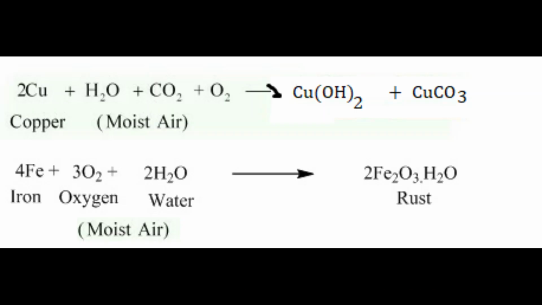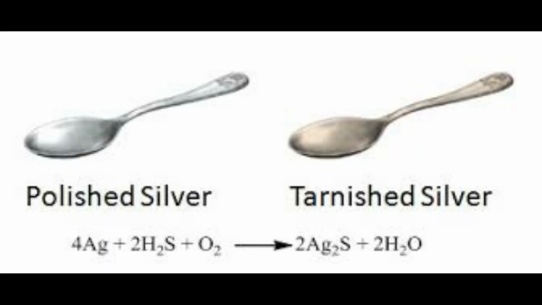So the reaction is when copper reacts with water, that is H2O, carbon dioxide CO2, and oxygen in air. Air is a mixture of several gases along with humidity. So when copper metal is exposed to a moist atmosphere, it forms copper hydroxide Cu(OH)2 and CuCO3.